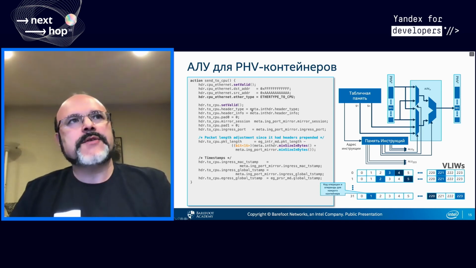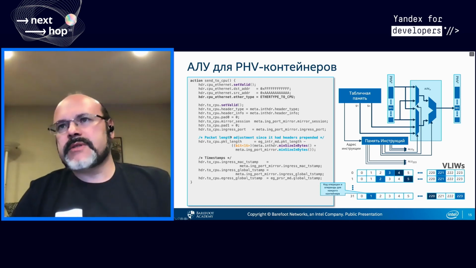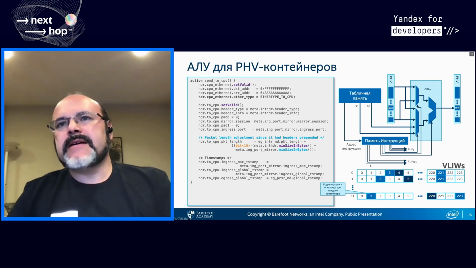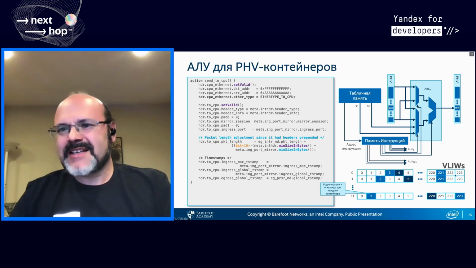Let's look at this input, which works with our headers. You can see that a lot of operations are done in parallel. So if you look at this code, you can see that each line is an operation with a separate code. And what happens here is that each out of those 224 containers has its own calculation instruction. And the instruction is written in VLIWs. They are some long words.